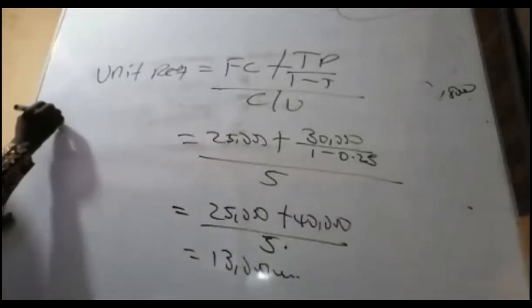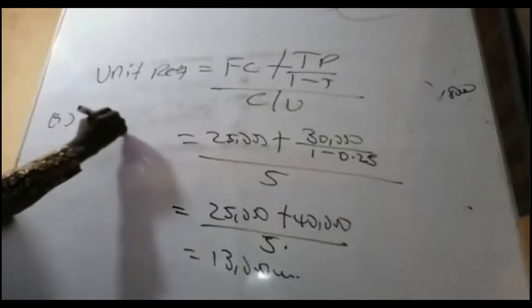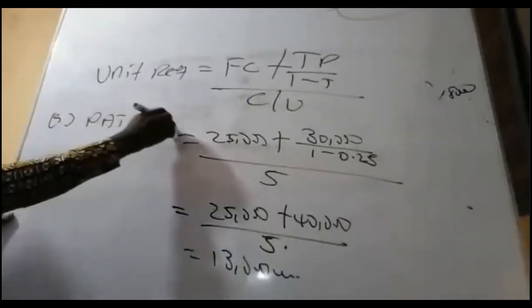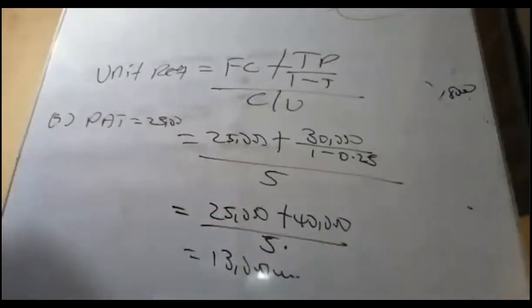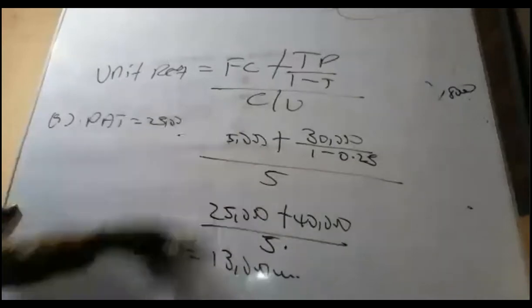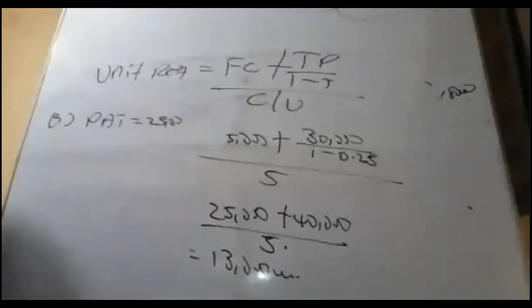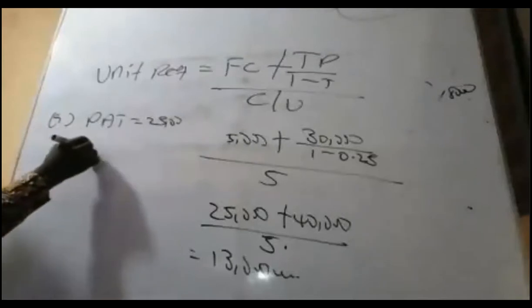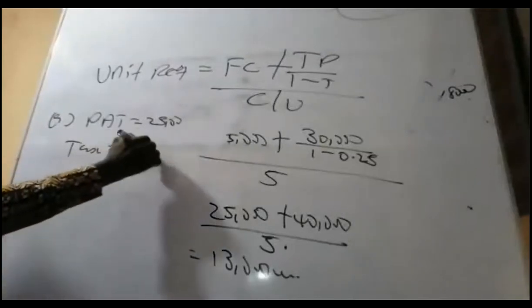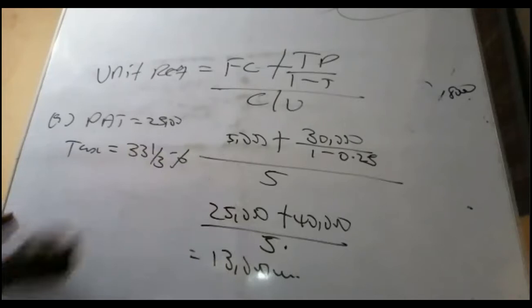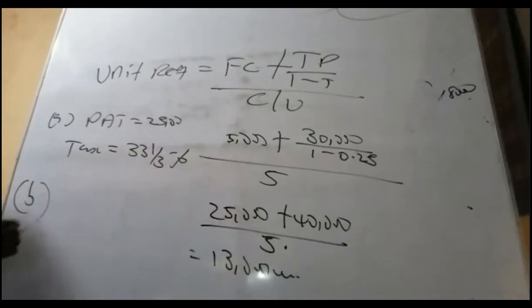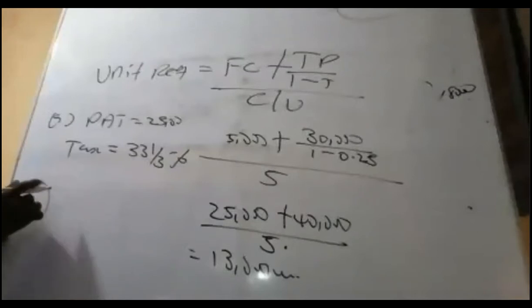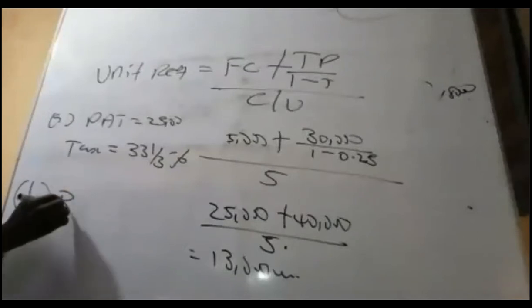Now you are trying this. A, the company wants profit after tax of 25,000 where the tax rate is equal to 33.18%. B, the company wants a target profit before tax. So let me write it here.